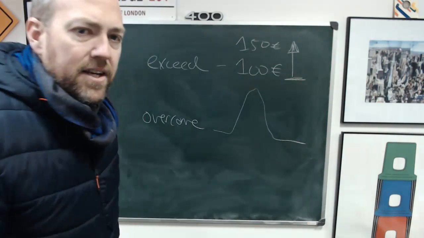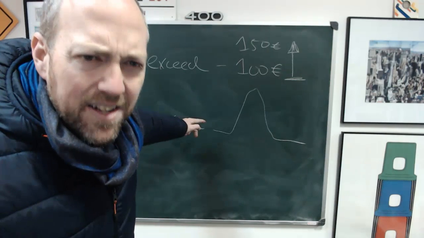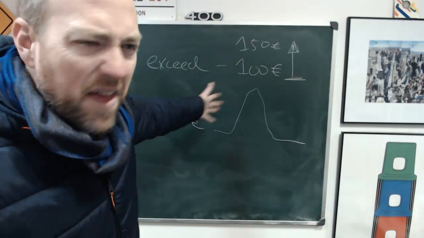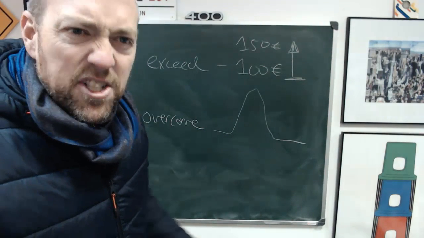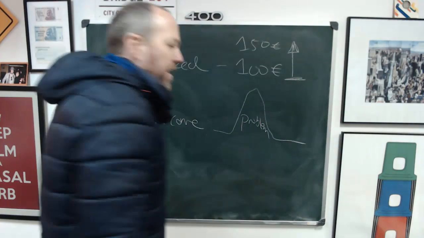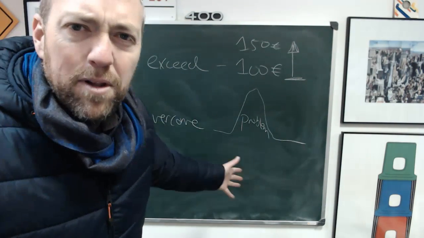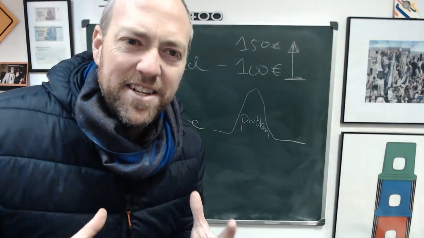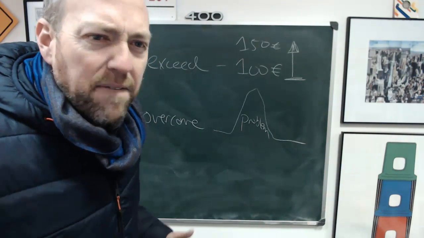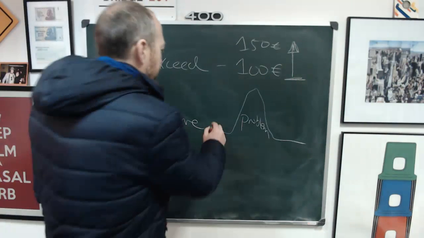Okay, so here you are continuing your life. Your life is good, but then you have a difficulty, a problem. Okay? And the problem is like a big mountain. Okay? An obstacle that you have to overcome.